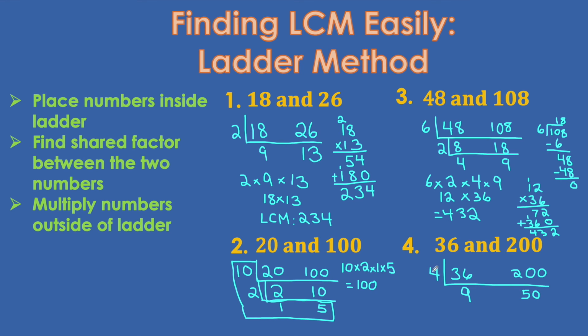Last, we multiply numbers outside the ladder. 4 times 9 times 50. Let's write that down. 4 times 9 times 50, which would equal, well, 4 times 9 is 36. 36 times 50.